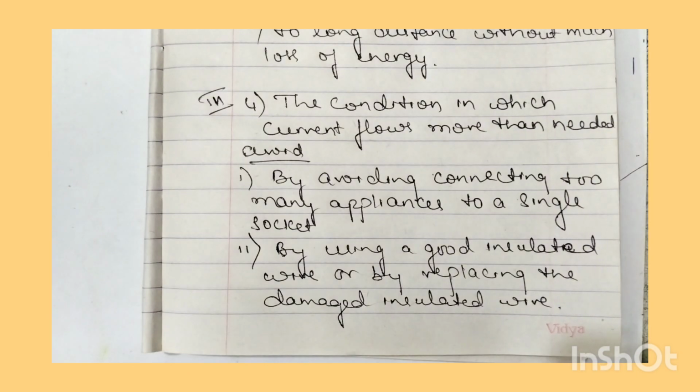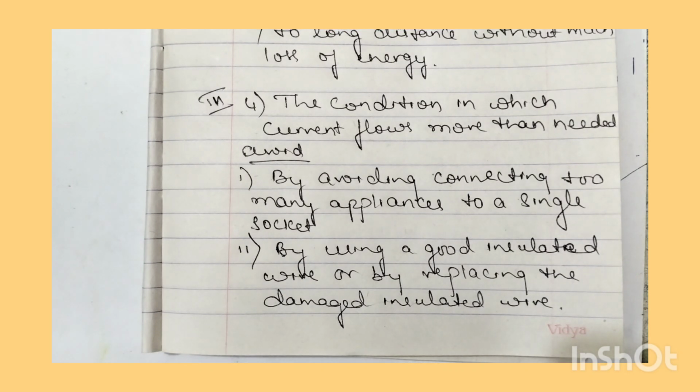Then let us move to the fifth question, that is differentiate between simple motor and commercial motor. So let us answer what are the differences between simple motor and commercial motor. One side simple motor, another side commercial motor.